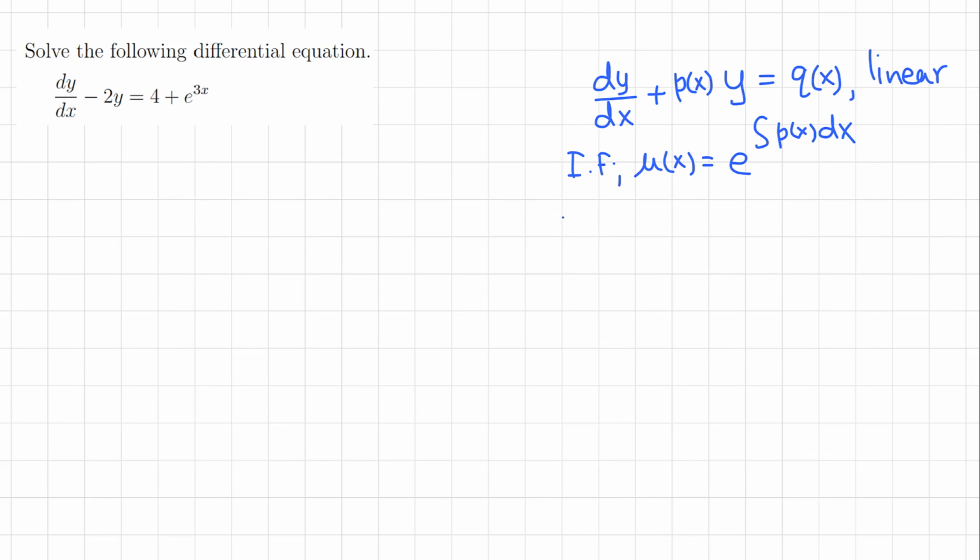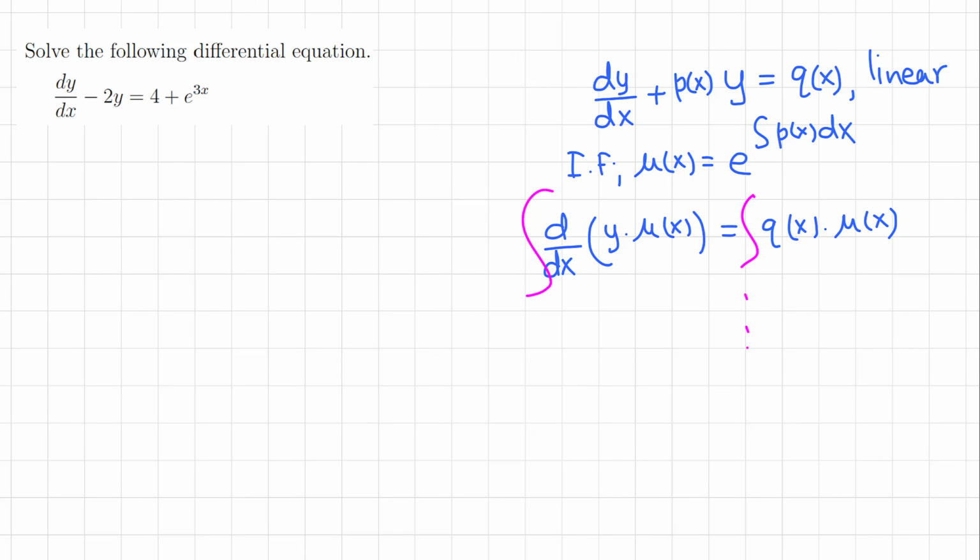Then on the left side, we automatically get the derivative of the dependent variable times the integrating factor. On the right hand side, whatever we have, we multiply by the integrating factor. Then next we integrate both sides. That's what we are doing here.